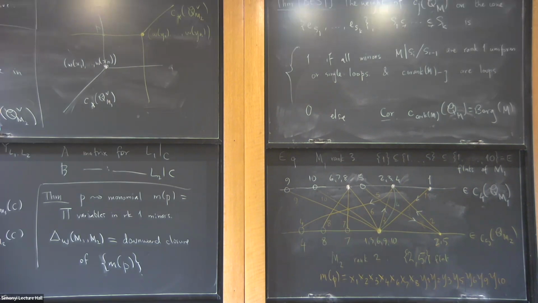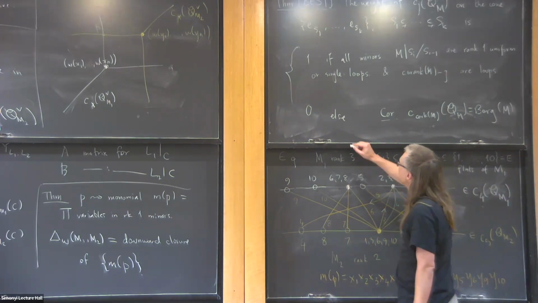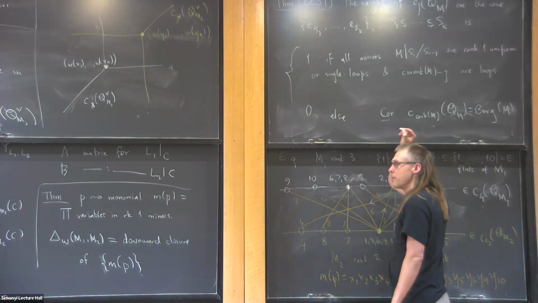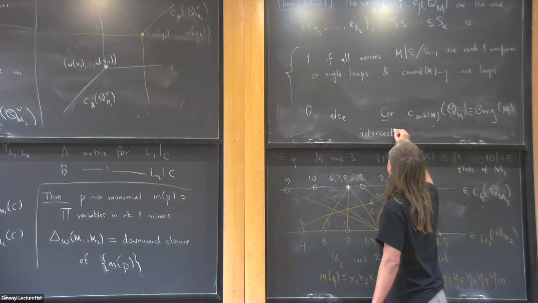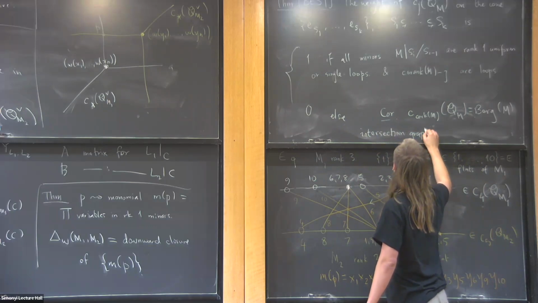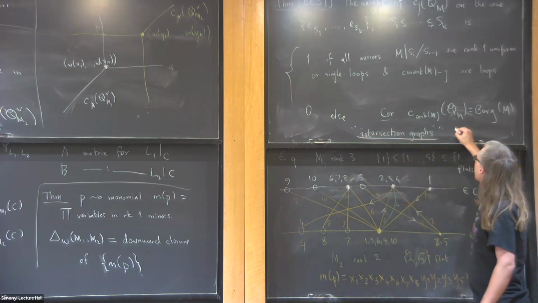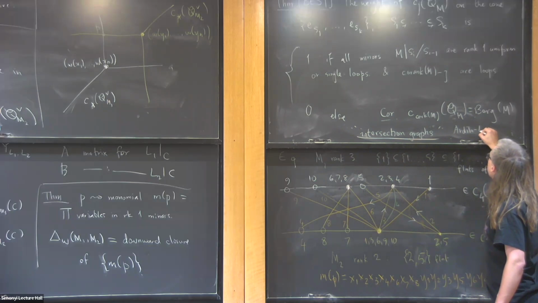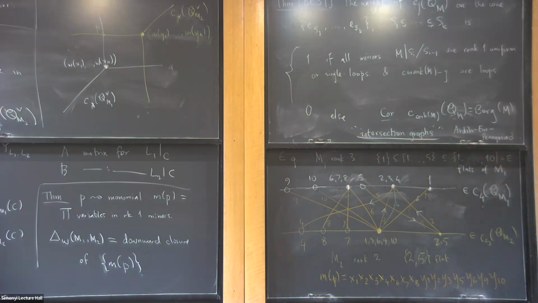Questions? Okay. How to think about this picture in relation to that picture? So I guess there's a paper of Federico, Kris, and Raul Penegiao that have these pictures, and they call them intersection graphs, if that's what you were asking. I don't know if that was your question.